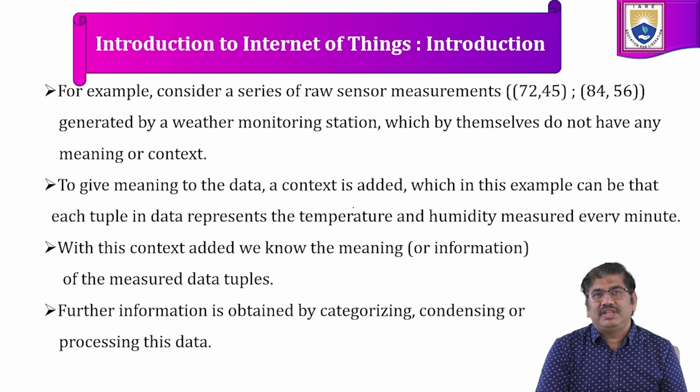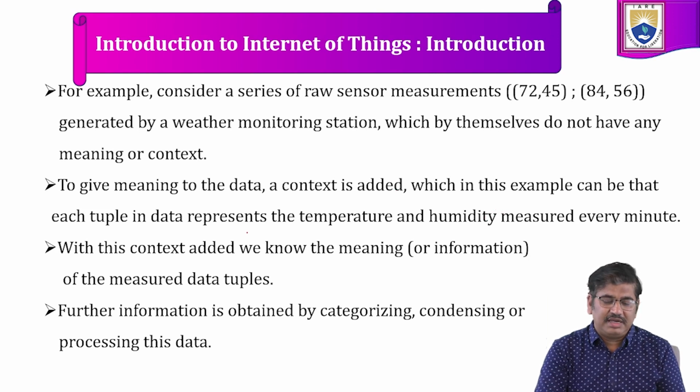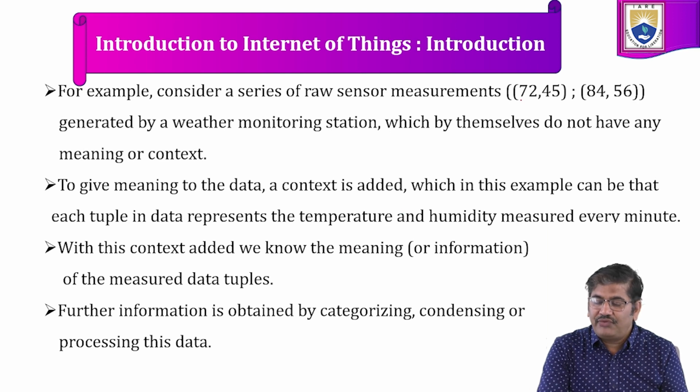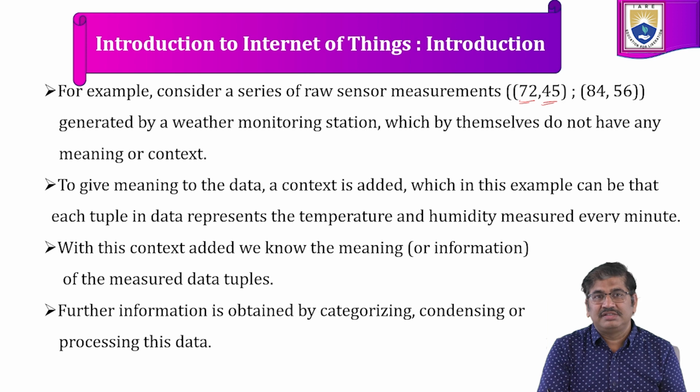To give meaning to this data, a context is added, which in this example can be that in each tuple, the first argument is the temperature and the second one is humidity. So we are going to extract two sensor data, one from a temperature sensor, the second from a humidity sensor. For every minute, we may be measuring this from the sensor. With this context added, we know the meaning or information of the measured data tuples.